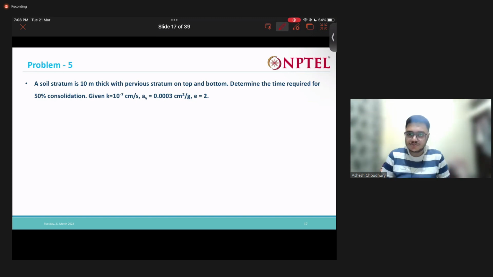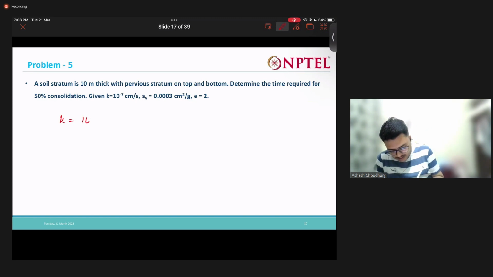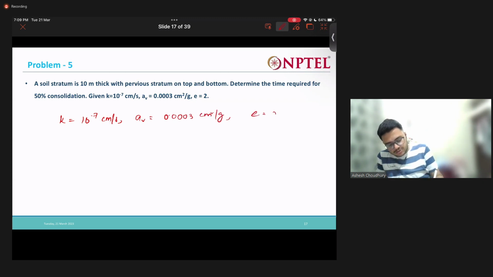Please solve this one. k is given, av is given, e is given. So you can find out Cv, right?